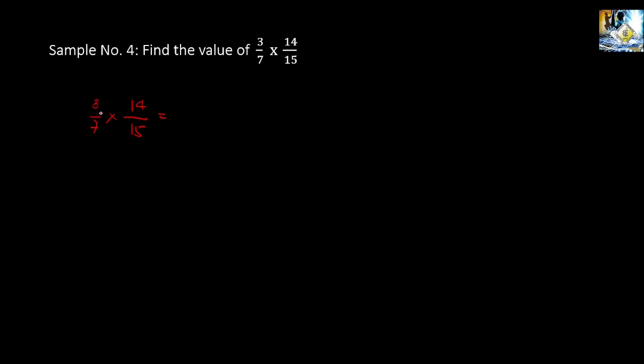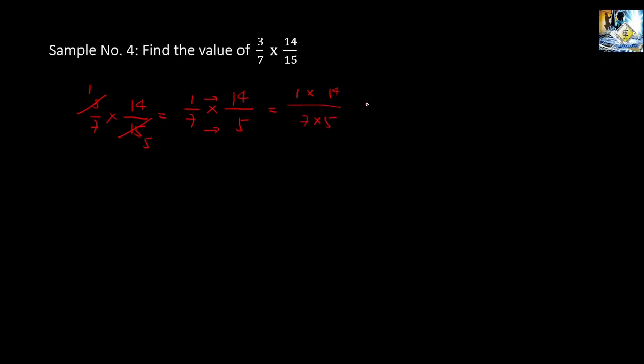So 3 over 15, that is 5. So this will become 1 and this will become 5. So we rewrite it. So 1 over 7 times 14 over 5. Then moving on, we multiply it right away. So we have 1 times 14 and 7 times 5.